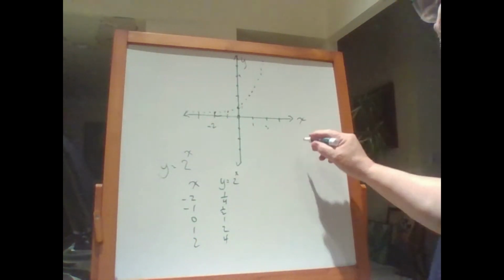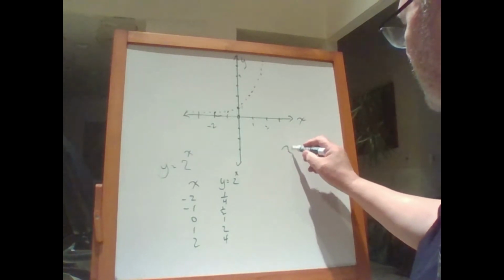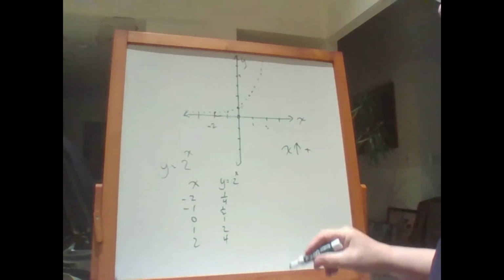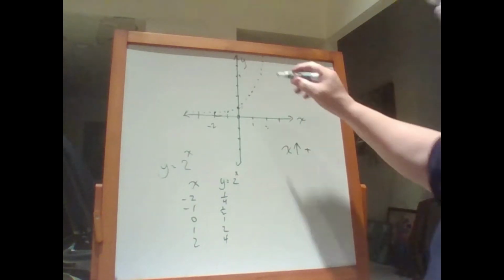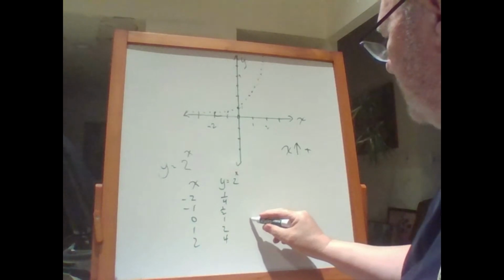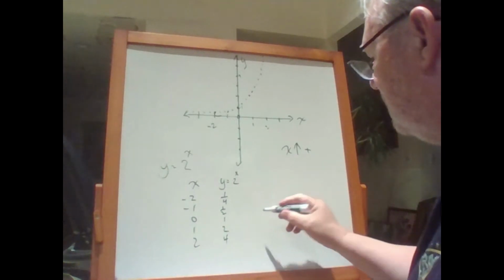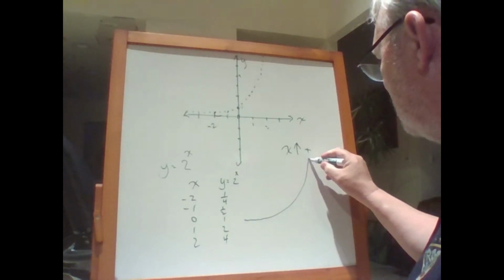And when x is big in the positive direction, the function gets big very quickly. So we have a function that makes a curve like that.